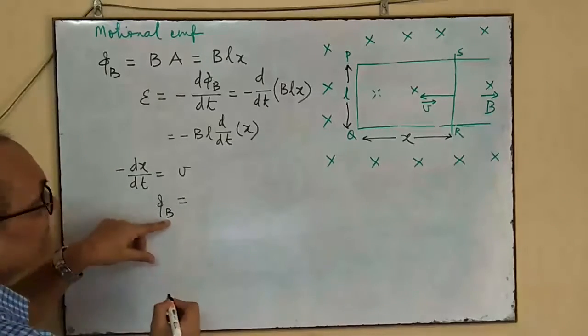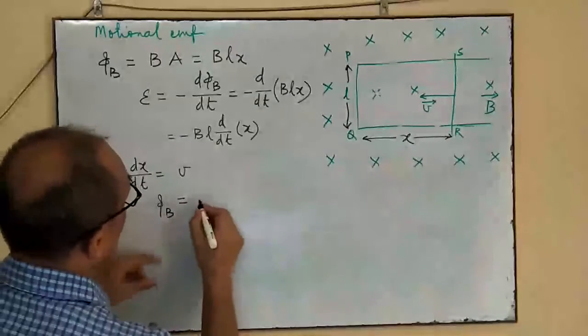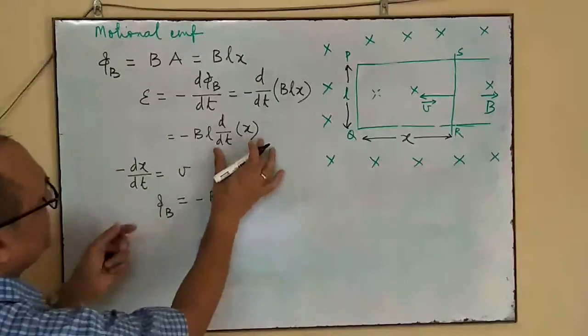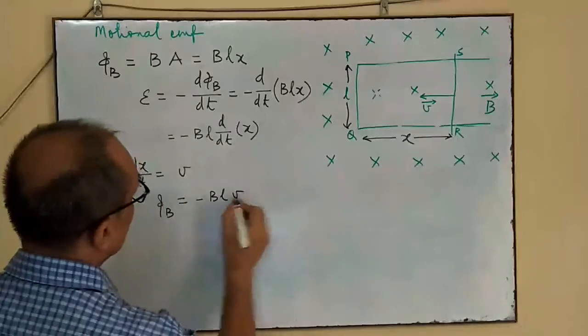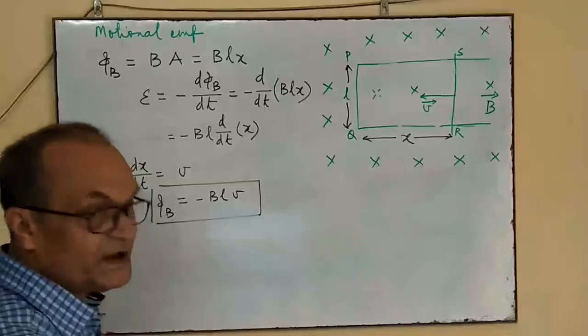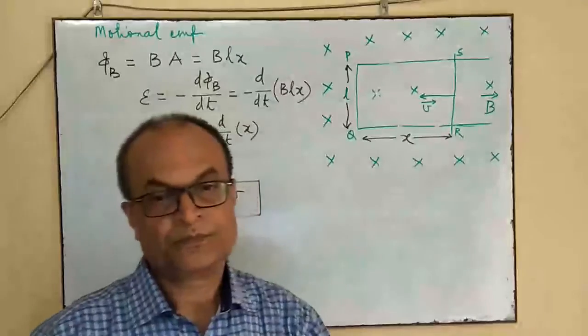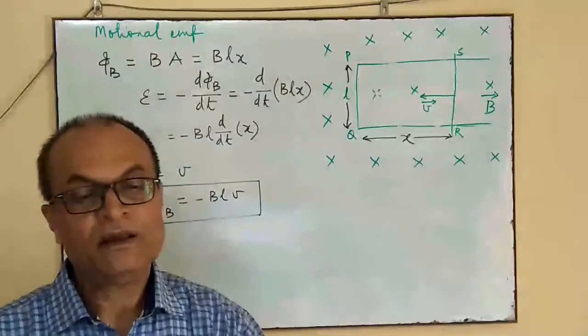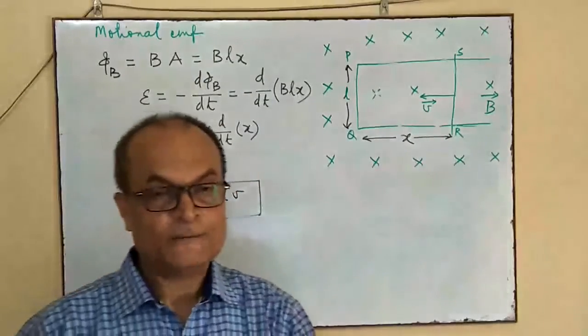So in this equation we can write, the flux linked with this loop, this equals to minus BL, and this is equal to v. So this is here the formula for the motional EMF when a loop is kept in a uniform magnetic field.